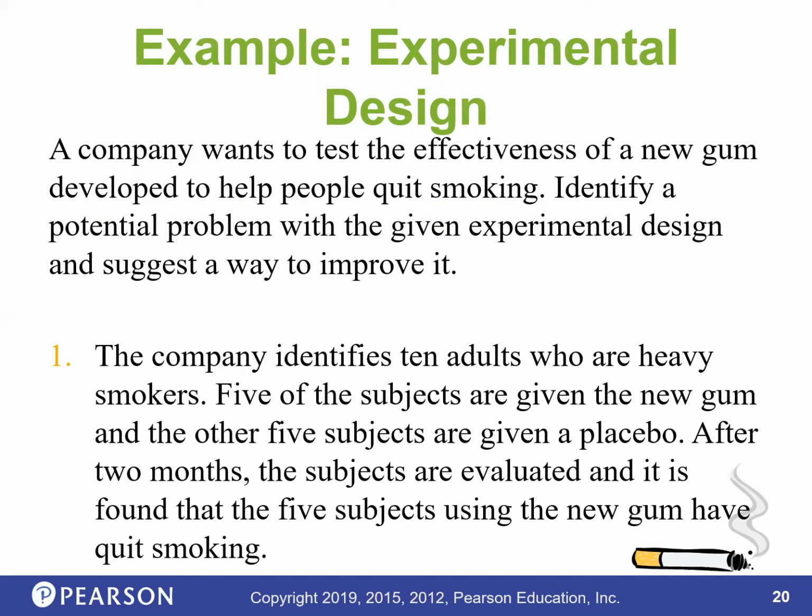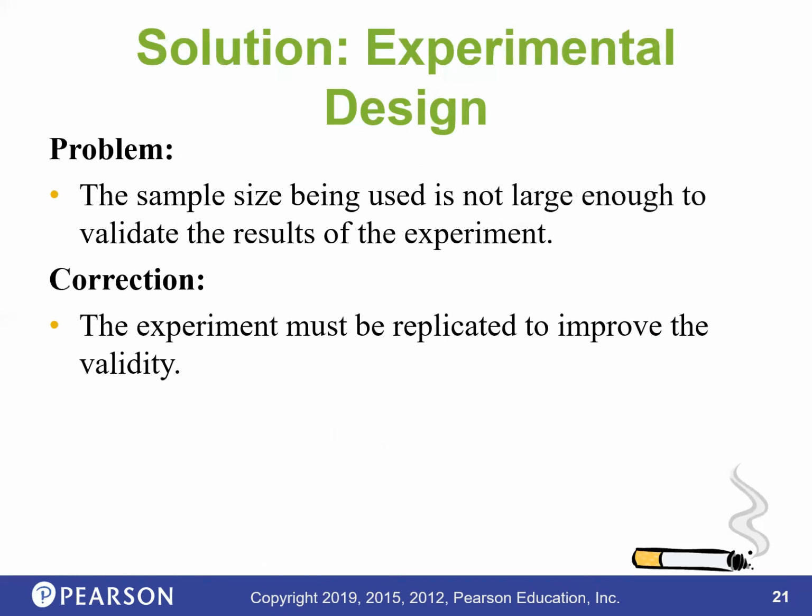But based upon just the words on the screen, what's an issue there? I think the number is the problem, right? 5 people is not going to give you any information here.